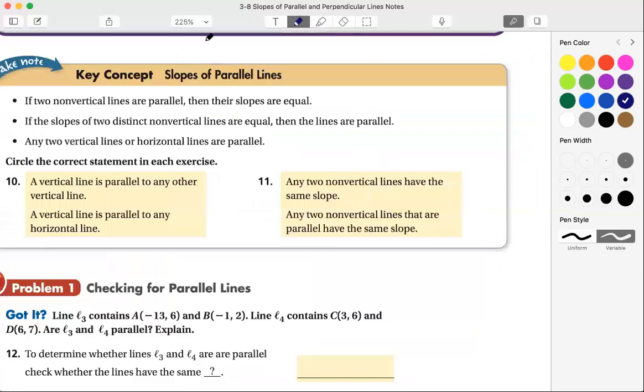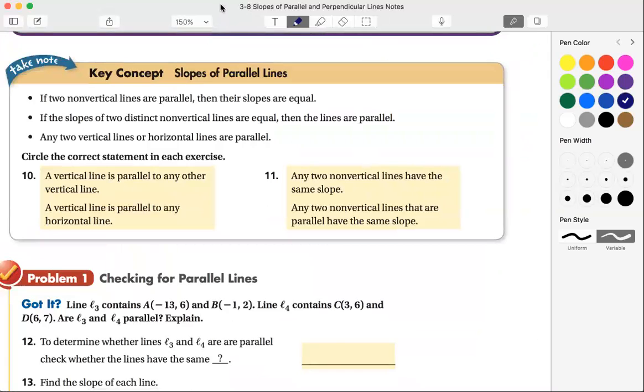A vertical line is parallel to any other vertical line. A vertical line is parallel to any horizontal line. Well, the correct one is a vertical line is parallel to another vertical line. Any two non-vertical lines have the same slope, or any two non-vertical lines that are parallel have the same slope. Well, they need to be parallel to have the same slope.